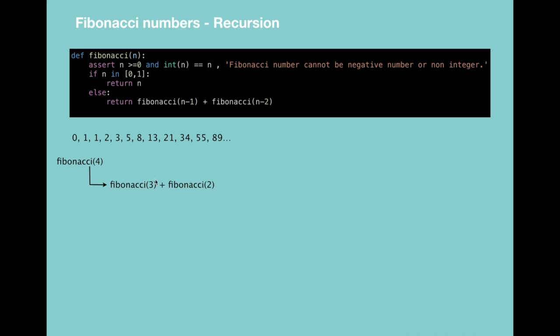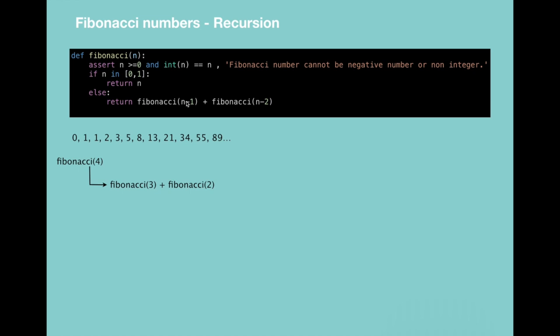So once again, we see that we don't have a return value for Fibonacci 3. So our controller will go to the first line. Here, it will start to check again. The first condition is again fine for us because 3 is greater than 0 and it's an integer number. And here we see that it's not going to this condition, and it will go to the else again.